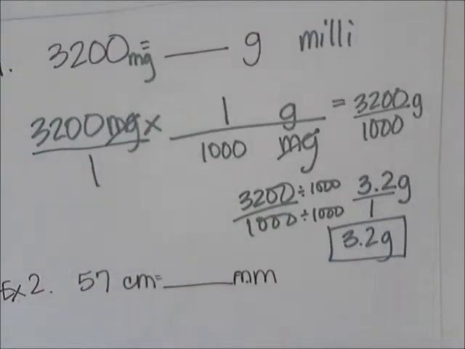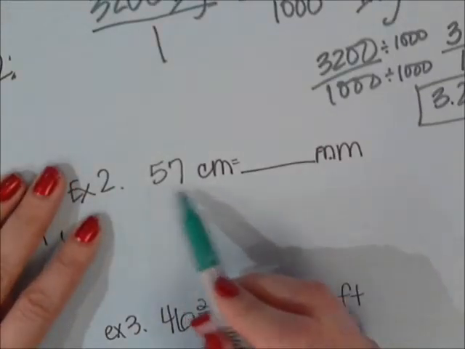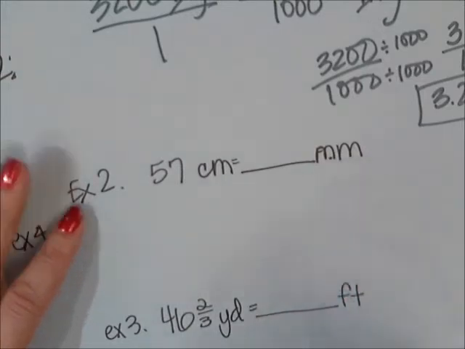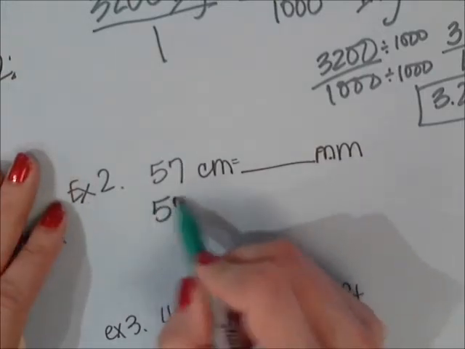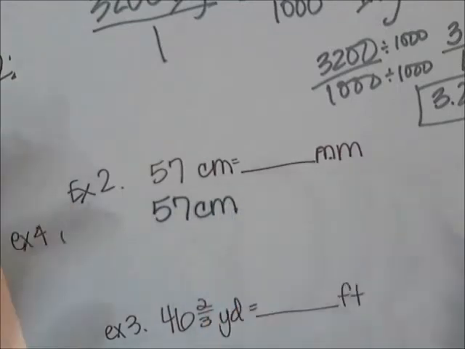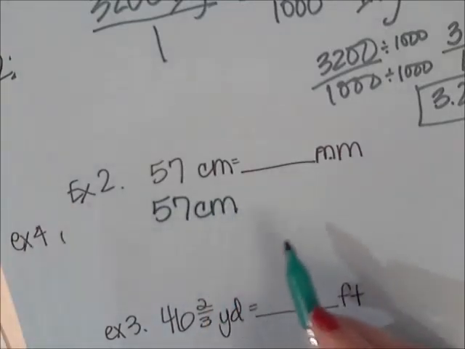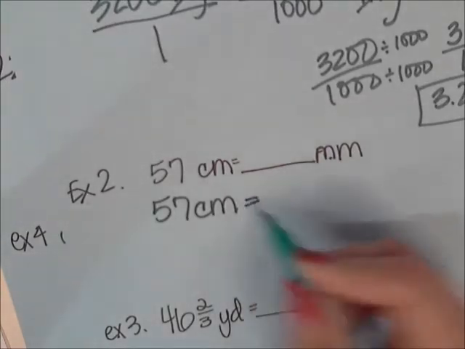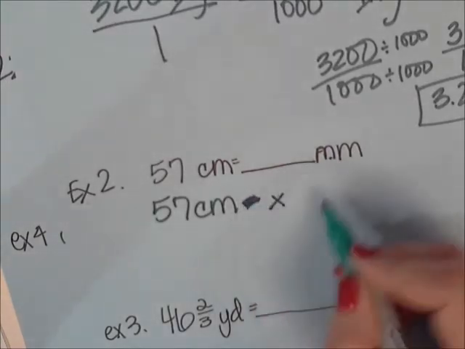Okay, let's go ahead and do the next problem, which is 57 centimeters into, or I'm going to change that to millimeters. Well, let's see. I'm going to write centimeters. Now, there's another way that I could do this problem, but oopsies, I'm supposed to put a multiplication sign.